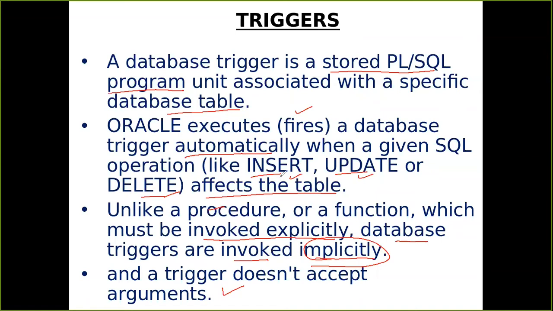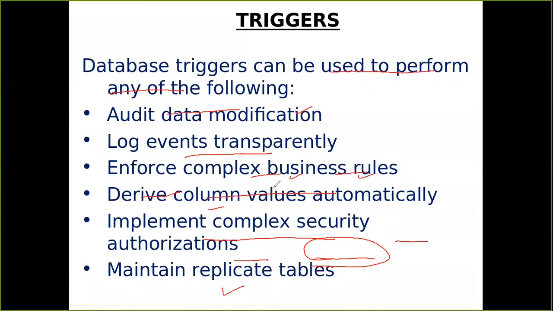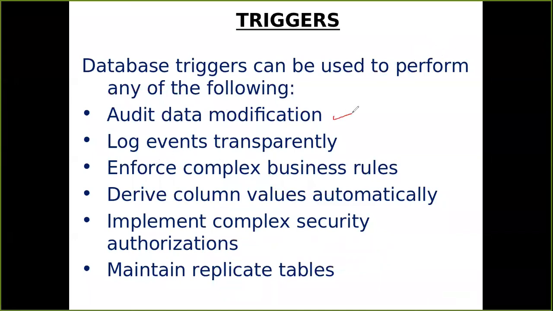In a procedure or function, you can pass values with the help of arguments, but in case of a trigger, you cannot pass values. A trigger does not accept any arguments. These are parameterless functions or procedures. They can be used for multiple tasks like auditing data modification, logging events transparently, enforcing complex business rules, deriving column values automatically, implementing complex security, and maintaining and replicating tables.